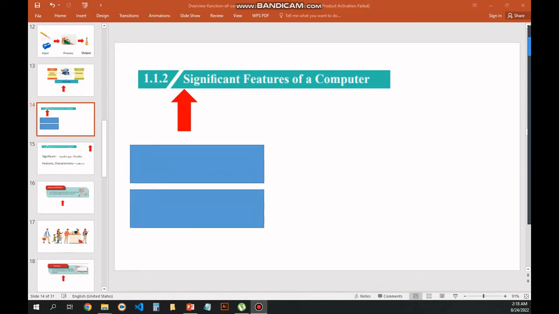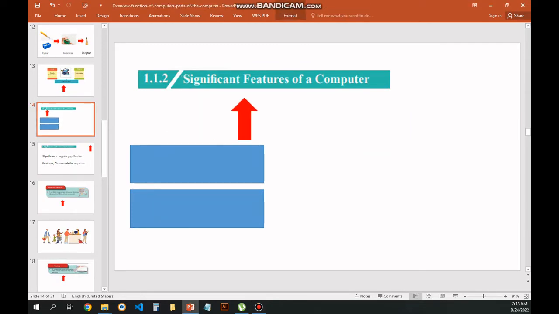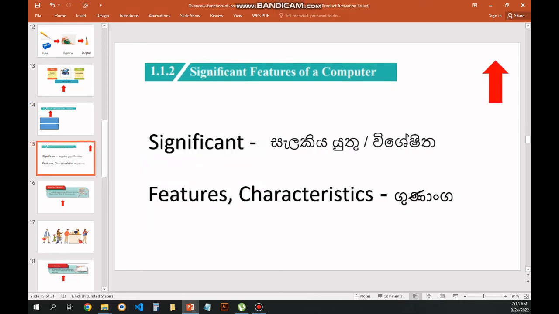All right, now we are going to talk about the next part, called the significant features of a computer. What do you mean by significant? And there's another word, features. Do you have any idea about this? Here I have added the Sinhala meaning. Significant means important, and features means qualities.